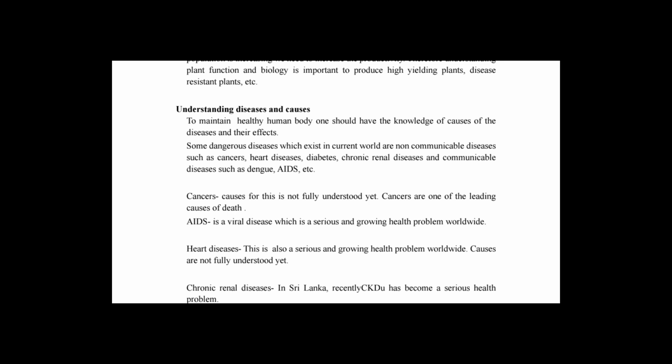Okay. After that, AIDS. The full form is acquired immunodeficiency syndrome. AIDS is the most advanced stage of HIV viral infection. It's caused by the HIV virus. Okay, so it is a sexually transmitted disease.